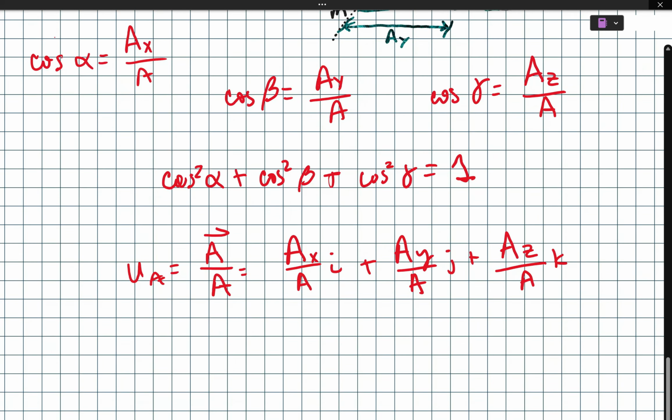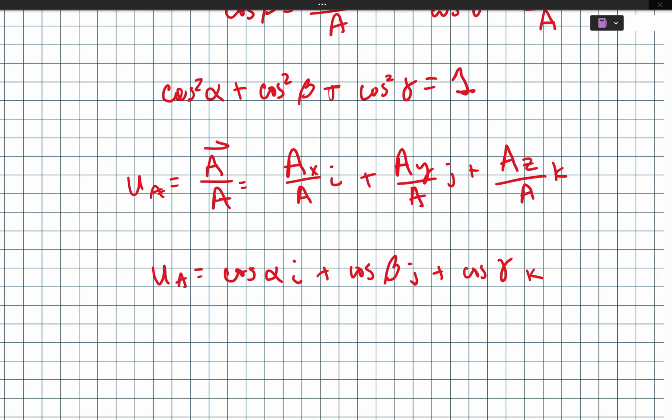Or written another way, u sub A is equal to cosine alpha i plus cosine beta j plus cosine gamma k.